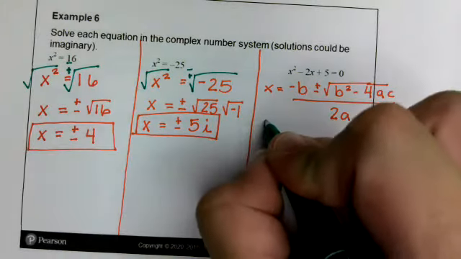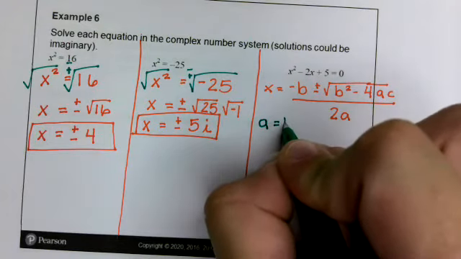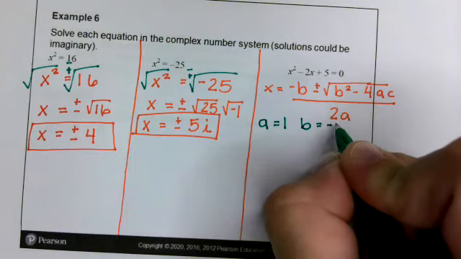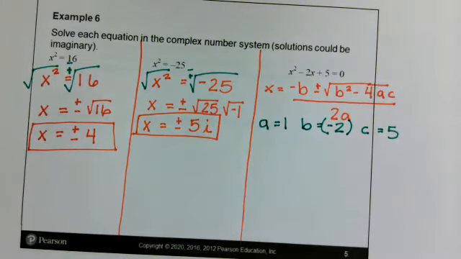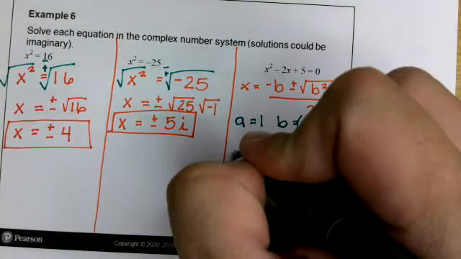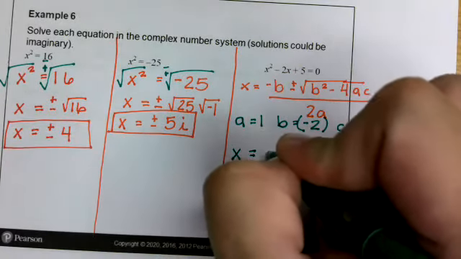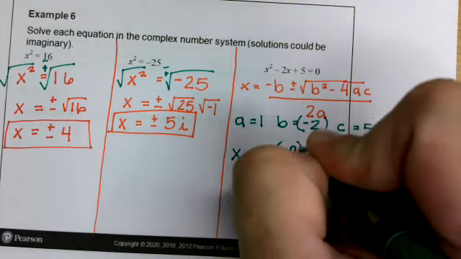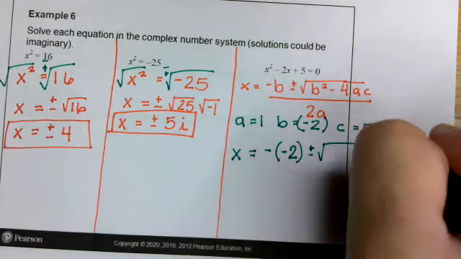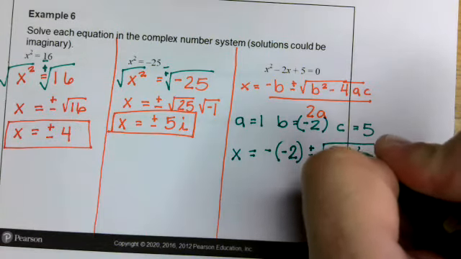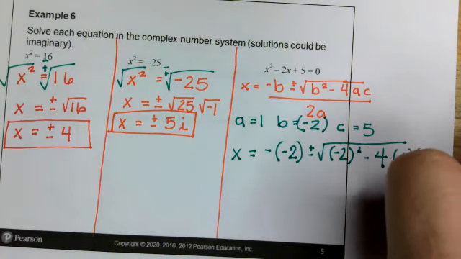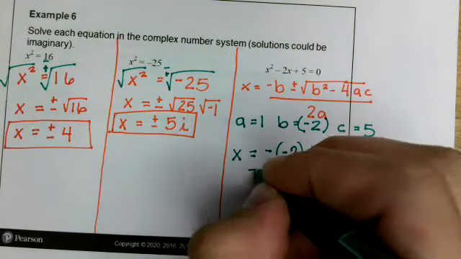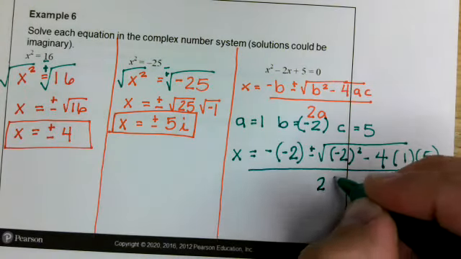So we're going to use this to solve the equation. For this problem, a is 1, b is -2, c is 5. x is -(-2) plus or minus the square root of -2 squared minus 4 times 1 times 5 over 2 times 1.